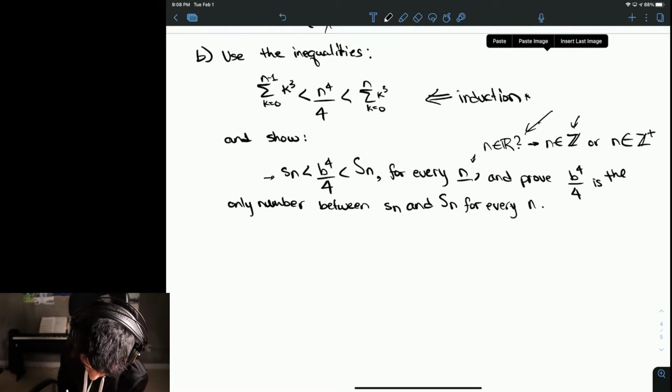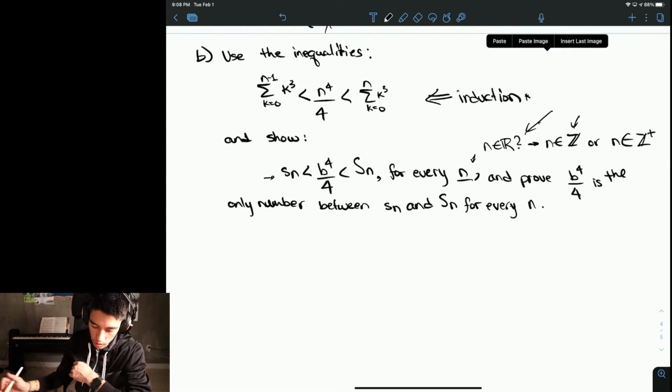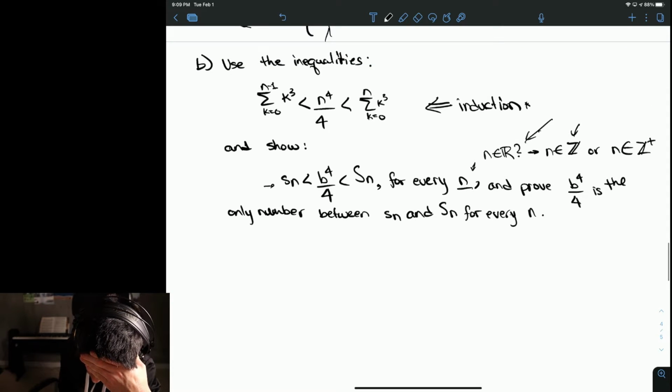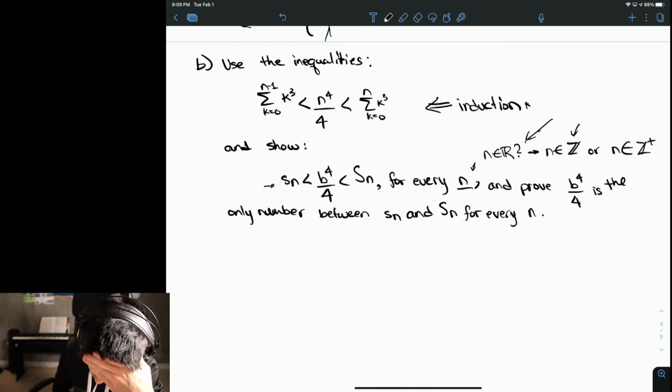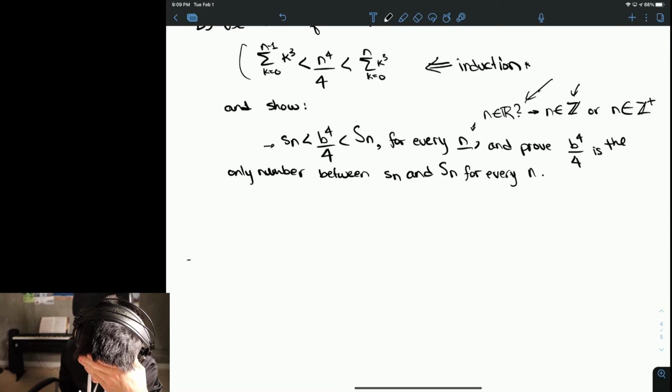We can show that inequality holds because this construction, or this formula right here, is the area underneath the parabola. Again, we have the parabola and it looks something like this because it's x cubed.